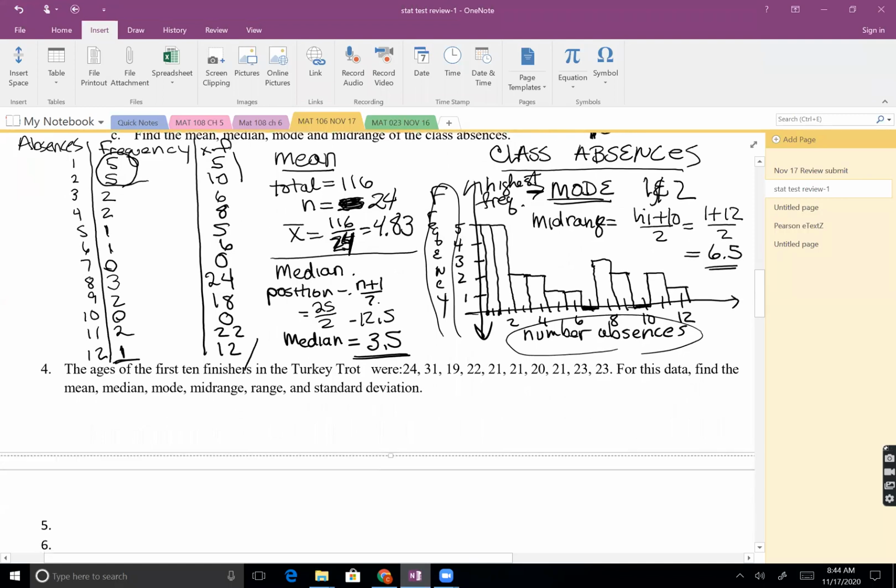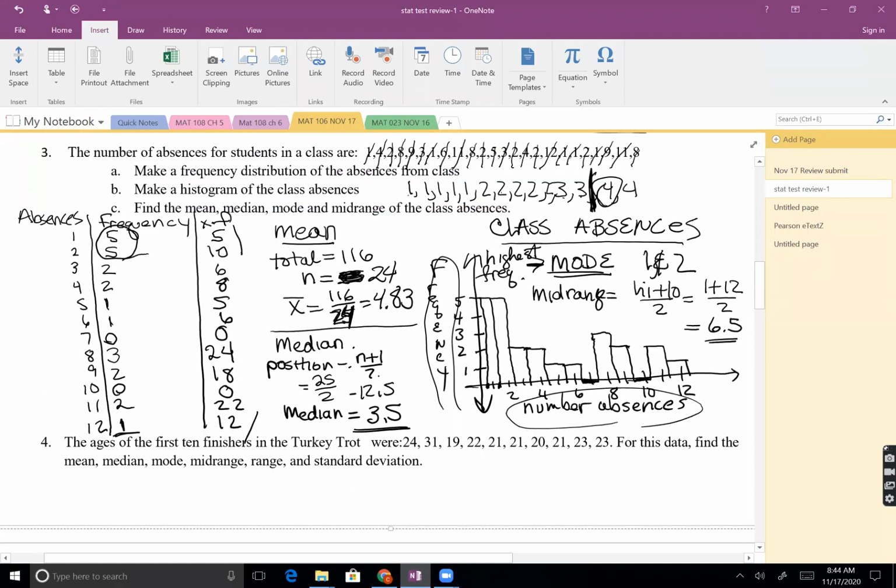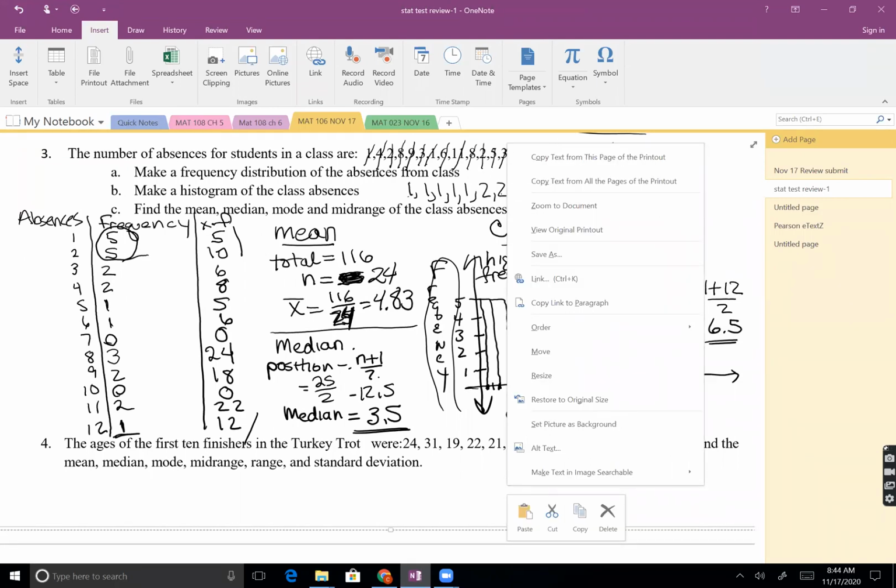So wait, did you multiply the absences and frequencies to get those numbers? Mhm. All right, and then the median, did you just take the 24 divided by 2?